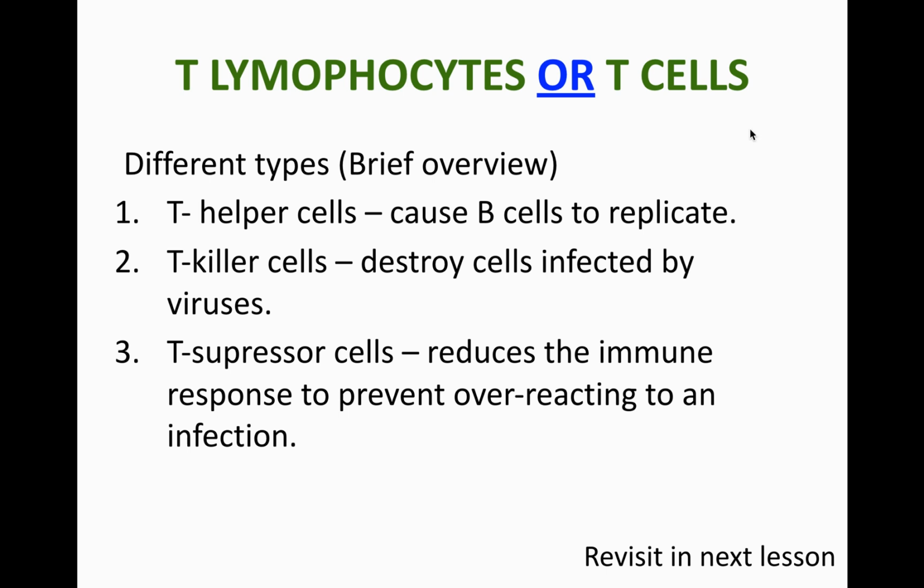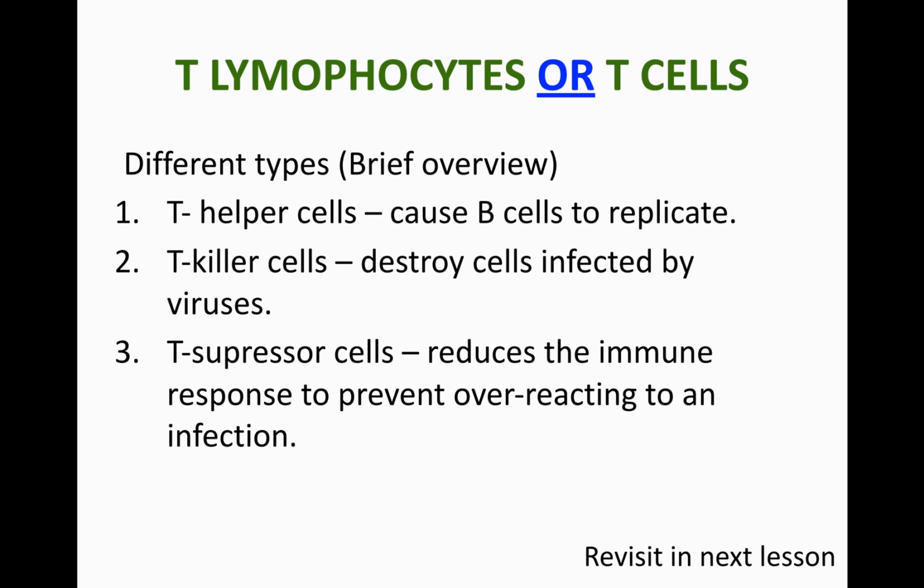But what we have is what we call helper T cells, okay? Helper T cells are a special type of cells which are found in the immune system, and they do the following. They have an ability to recognize, we'll say, cells that are infected with viruses, or also bacterial cells. So first job they do is they recognize an infection.